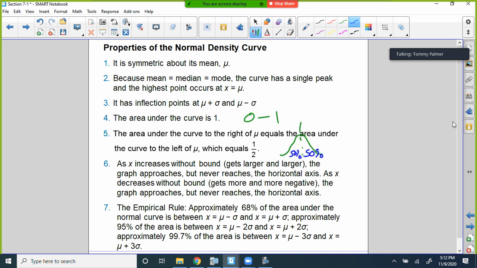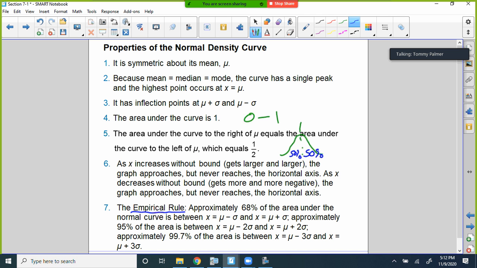Now, you have what's called the empirical rule. The empirical rule is basically a dissection of the bell curve, and it lets you know how much of your data is contained within each standard deviation.